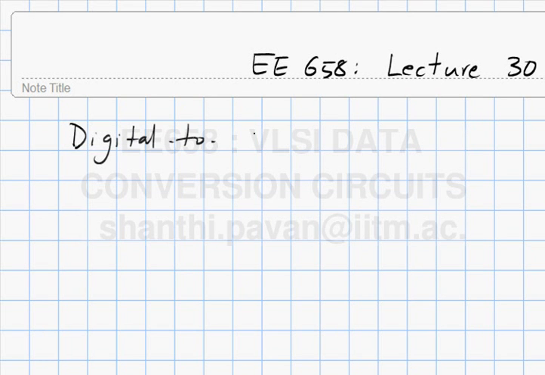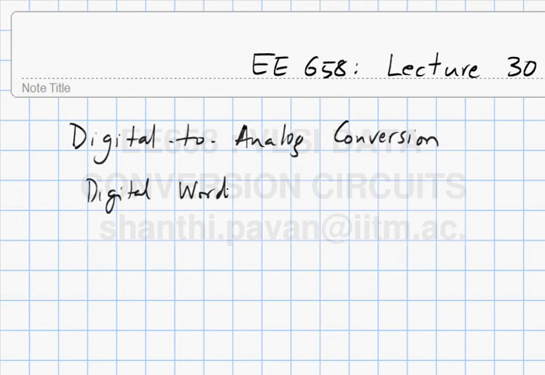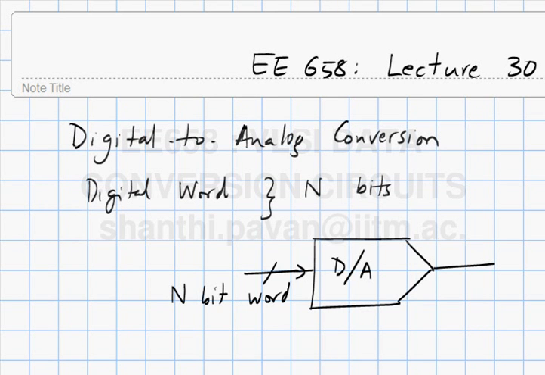digital to analog conversion. The basic idea here is to take a digital word with n bits, for example, and the output is an analog quantity.